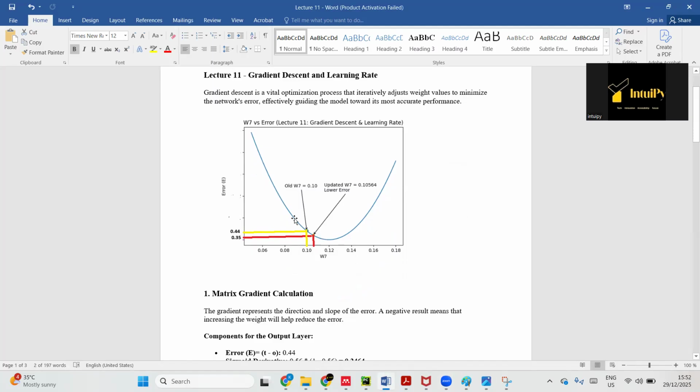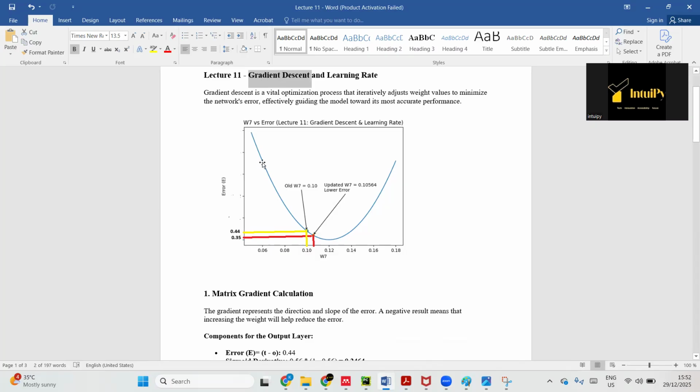It moves gradually, adjusts the weight such that once it gets to this bottom, and remember what we mentioned earlier, at this bottom, dE over dW7 is 0. So that's the function of gradient descent.